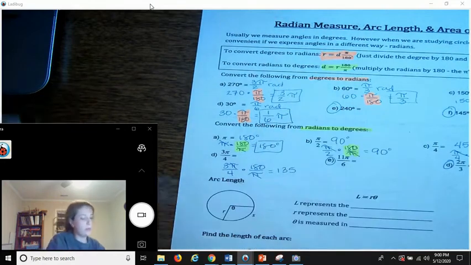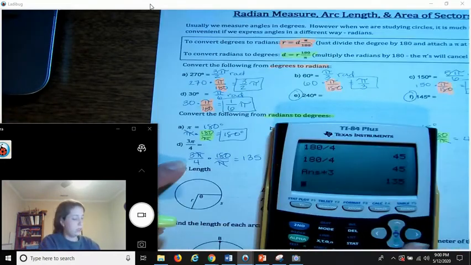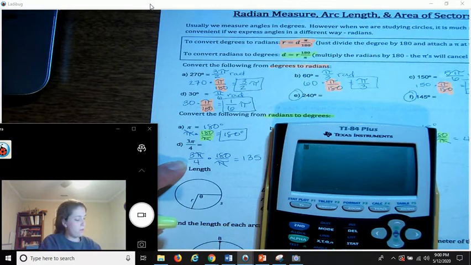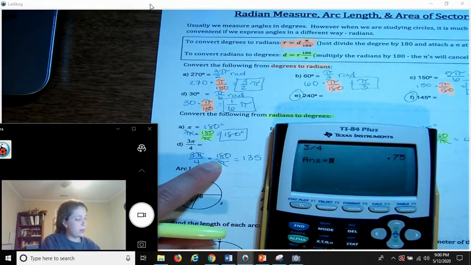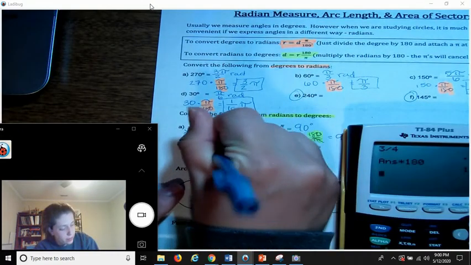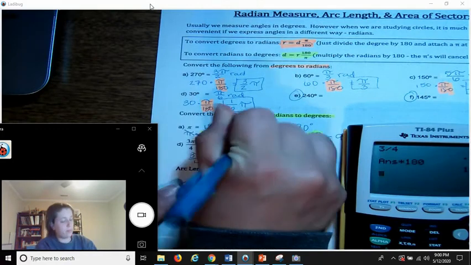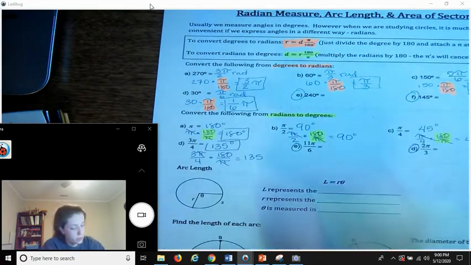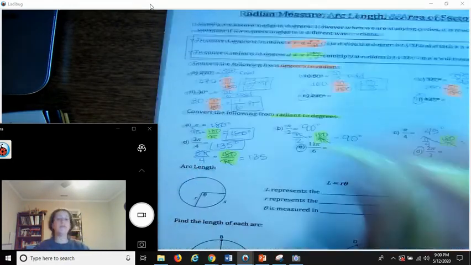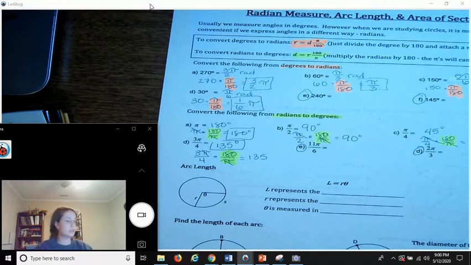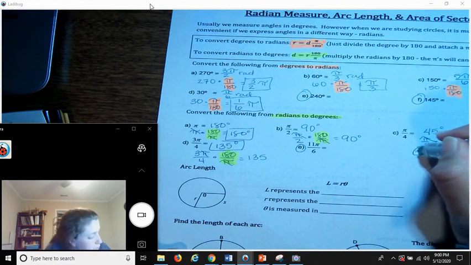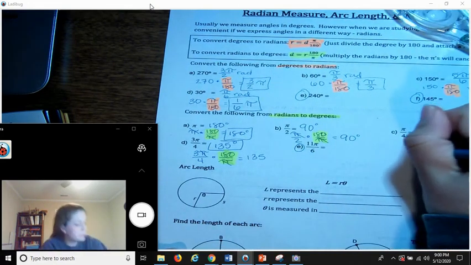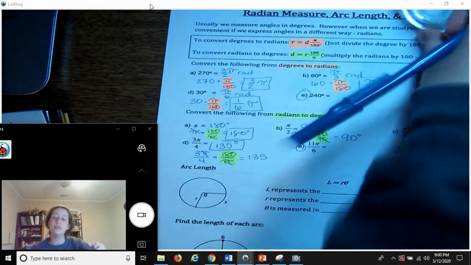So what we did here is we took 3 over 4 and multiplied that by 180, 135. So I should get 135 degrees right here. Okay, so that's where this came from. All right, do E and F as you-dos, or this is supposed to be an F, I apologize. Do those as you-dos and then check your answers.